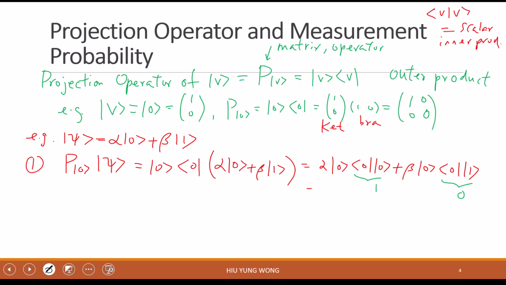So because of this, I get alpha 0. Do you see what we are doing? This projection operator applied to this guy gives me the component of 0. And that's it. That's why it's the projection operator. Make sense? So now you trust me. If I have another vector, might not be 0, 1, just a generalized vector, the projection operator will extract the part that overlaps with it.